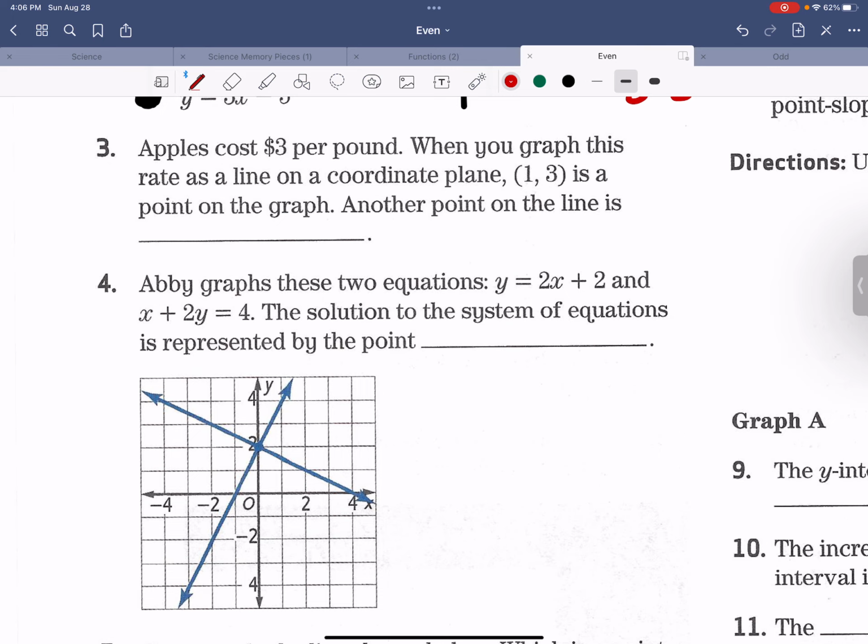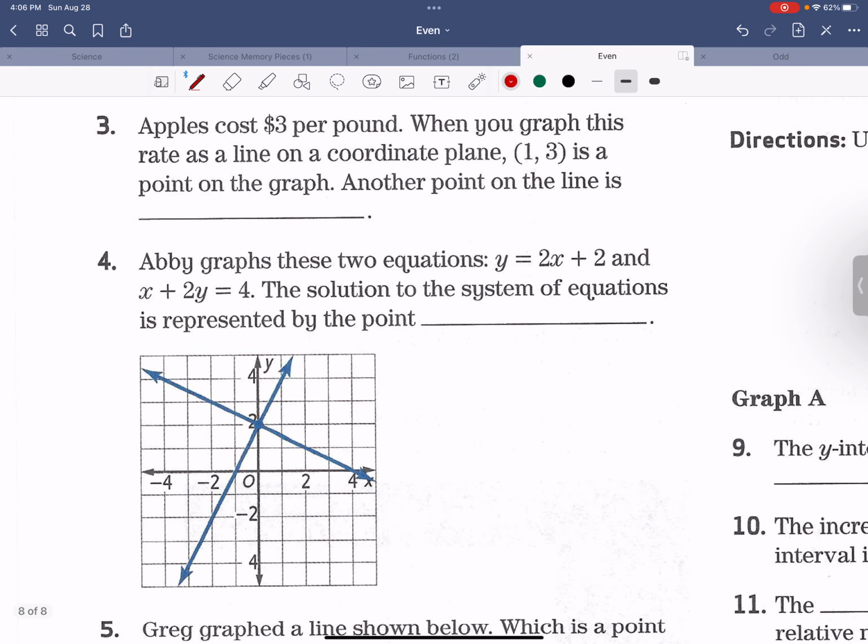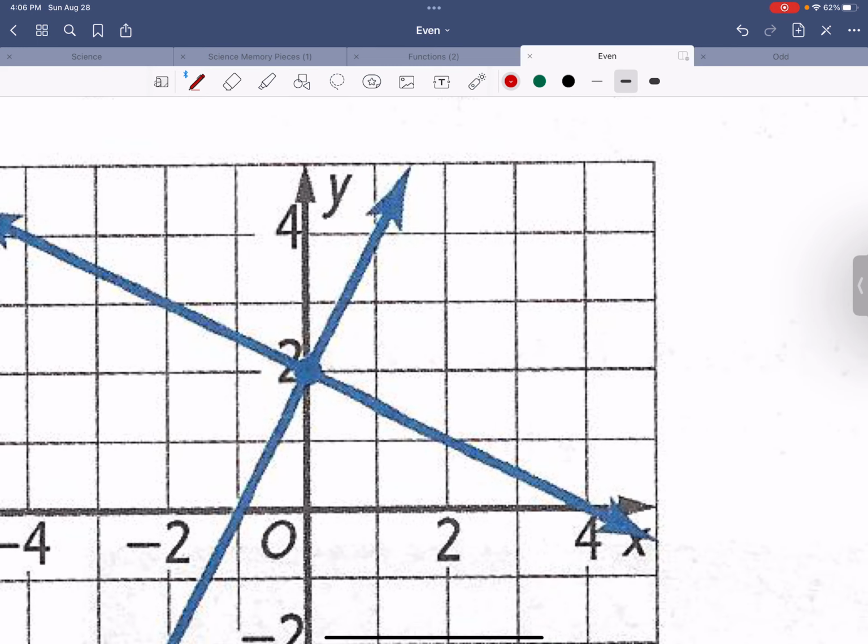Okay, back to page 180. I'm trying to do every 2 problems on a video and then stop. So number 4, Abby graphs these 2 equations. The solution to the system of equations is represented by the point what? We don't have to do much here. You just find that point, right there, where the 2 lines intersect, where they cross.